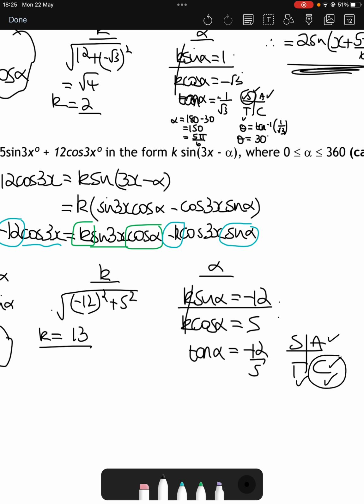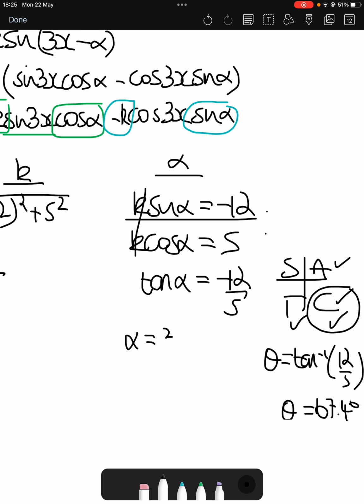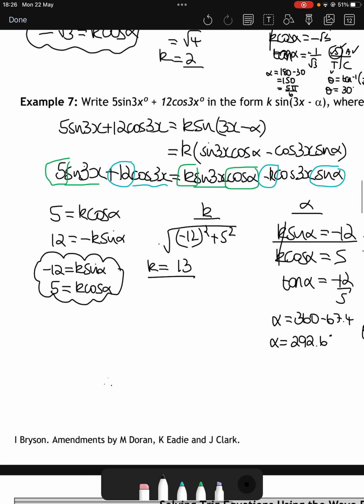We're working in degrees this time, and it's calculator, so theta is tan to the minus 1 of 12 over 5. And we get 67.4. So alpha, what quadrant am I in? That one, so 360 minus 67.4 is 292.6 degrees.